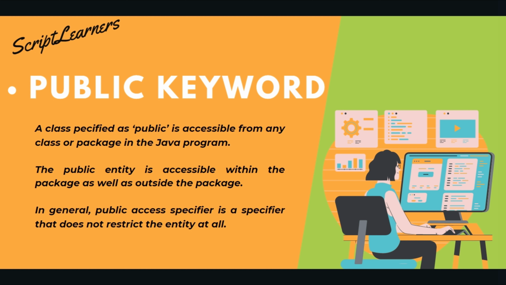Public methods and variables can be accessed by all of the other classes. Or we can say when we want a method to be accessed outside the class, then it can be declared as public. If we make it private or, let's say, protected, then JVM will not be able to access it outside the class. So that's what public specifier means.